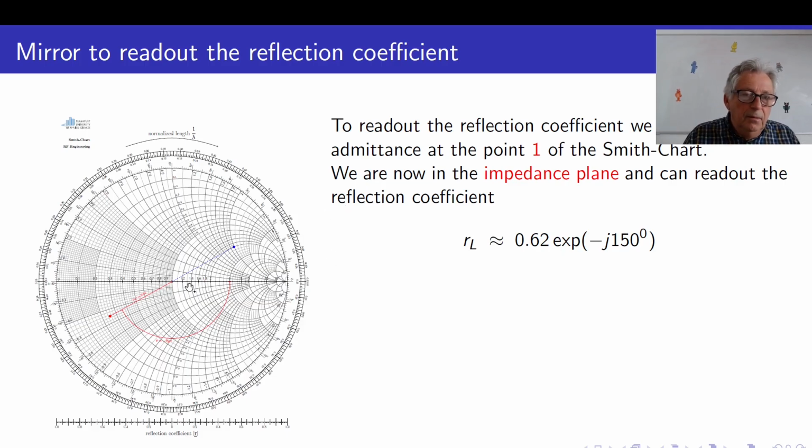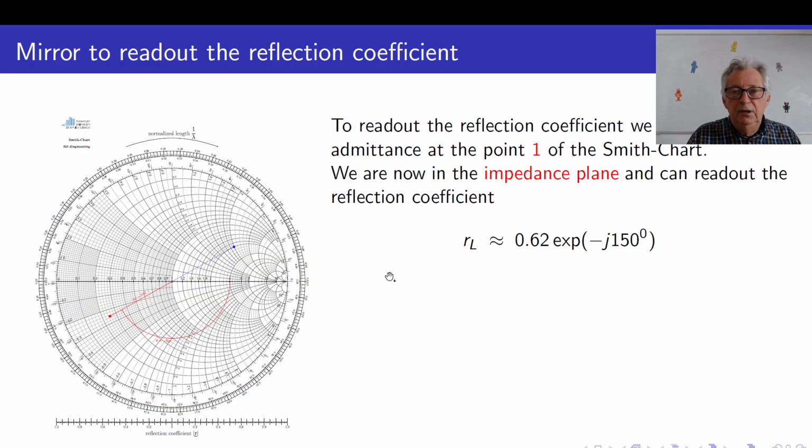So the reflection coefficient, the absolute value, is given from the length of the red line here, which also can be figured out using a compass. You have to take this red line into the compass, and then you can use the scale at the bottom to figure out the absolute value.